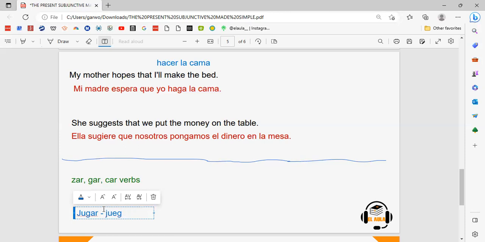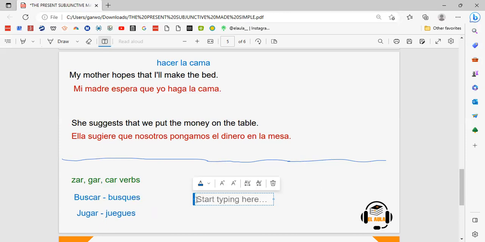So to rectify this problem, you're going to add a U right beside the G so that we can preserve that hard sound. So now we have juegues.